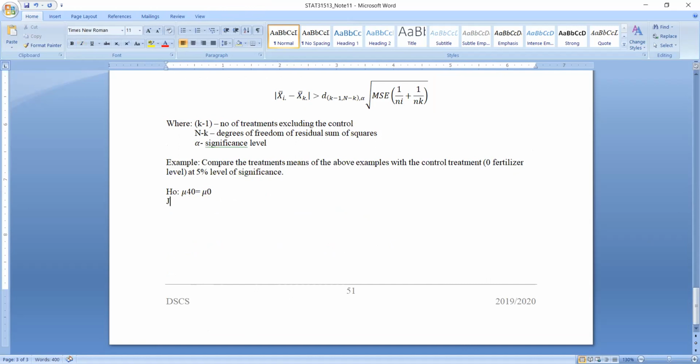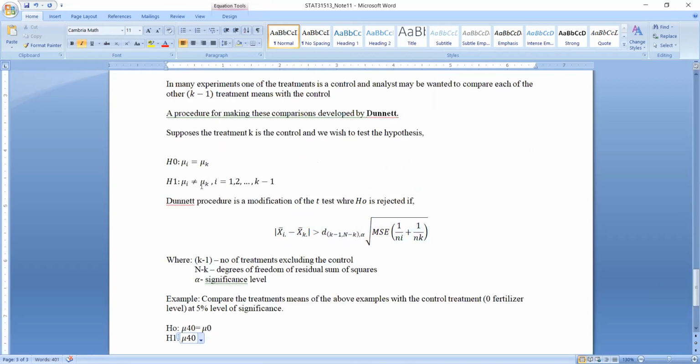Or else you can write your alternative hypothesis as mu 40 not equal mu 0.